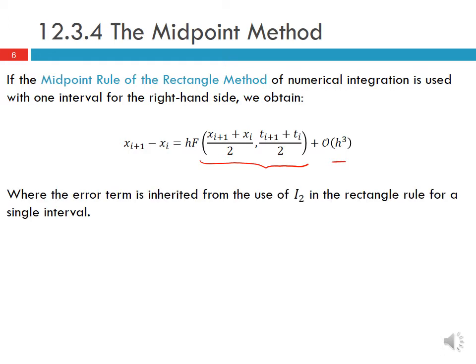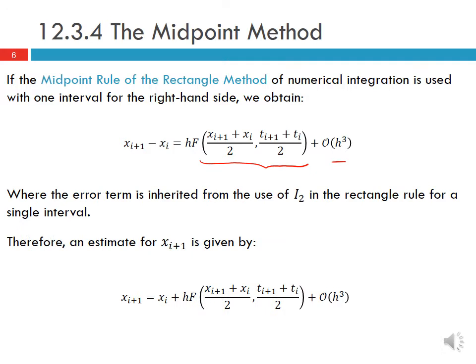The error term is inherited from the use of the rectangle rule for a single interval. So the estimate for xi plus 1 is given as shown here, just bringing our xi to the other side of the equation. And this is the expression for the midpoint method for solving initial value problems.